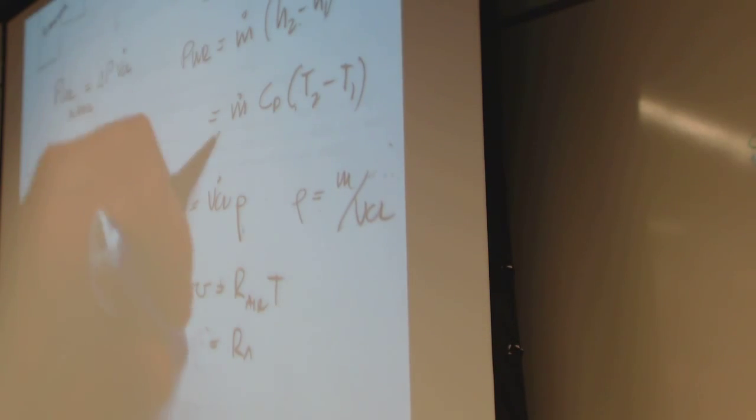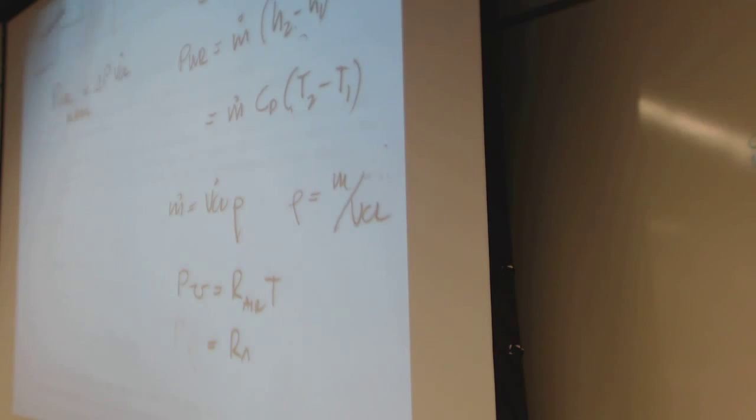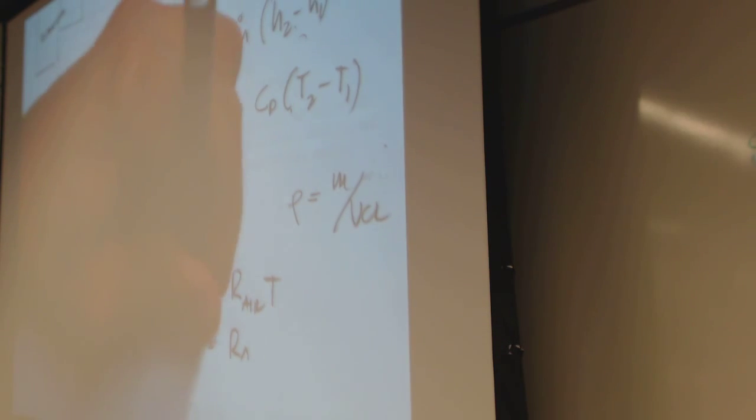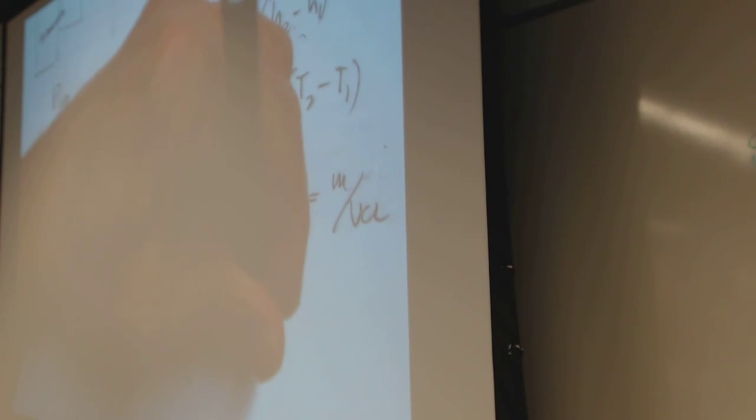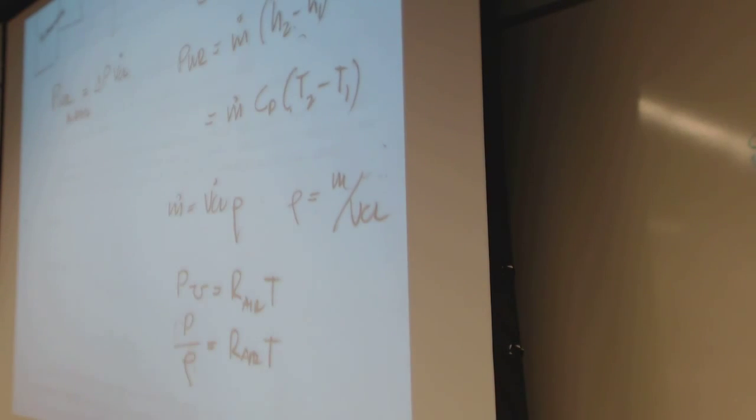Specific volume is the inverse of density, so we could also write this as P over rho equals R for air times T. And that means my density is P absolute over R air times T absolute.